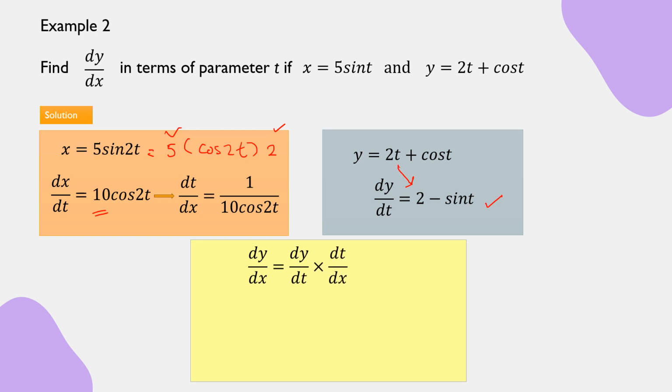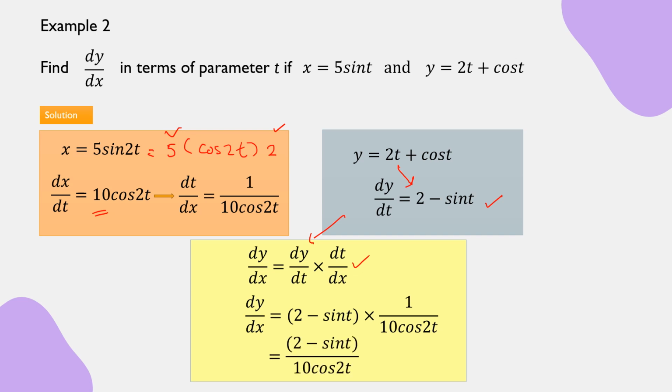Therefore, dy/dx equal to dy/dt times dt/dx. dy/dt equal to 2 minus sin t, times dt/dx equal to 1 over 10 cos 2t. So this is the final answer.